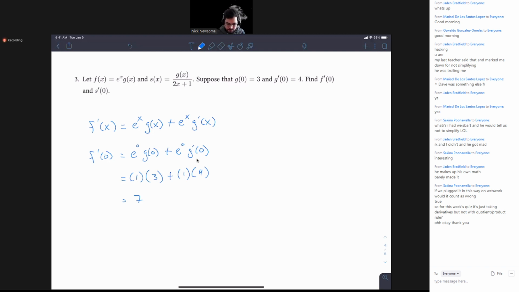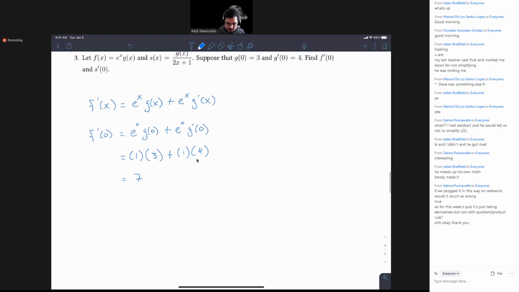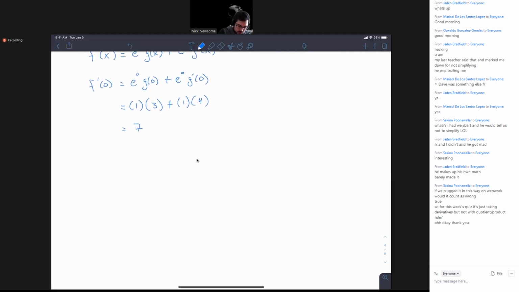All right. Second part of the problem is the quotient part. So I have my function s of x, which is that quotient. To take the derivative, I need to use quotient rule. I know it's not on the screen right now, but it's in my head, so just trust me.